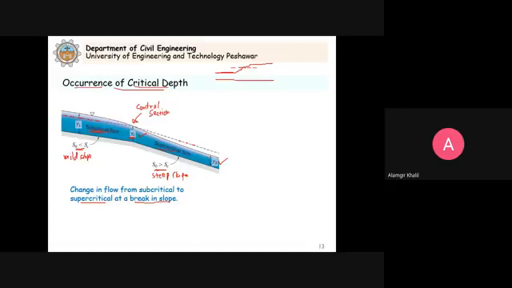Clear? And a similar situation occurs when water from a reservoir enters a canal. So we have this reservoir here, and from this reservoir the water enters into the canal. What happens in the canal is that you can see the depth of water is less than the critical depth, so we have supercritical flow in this canal.